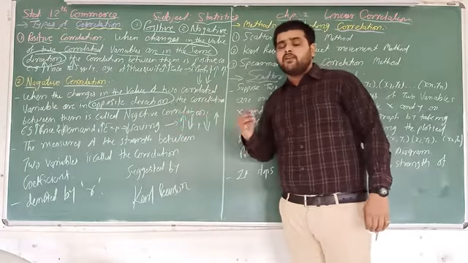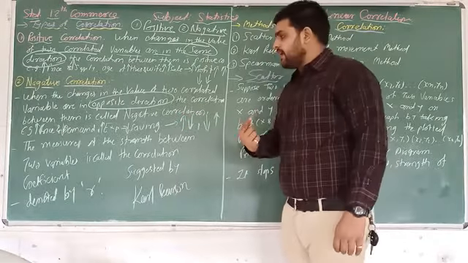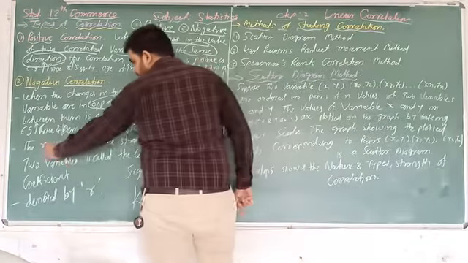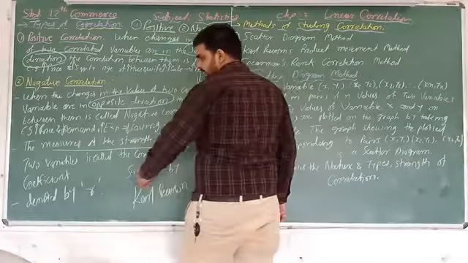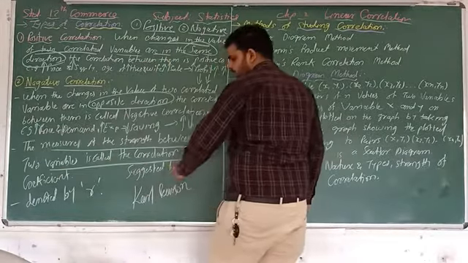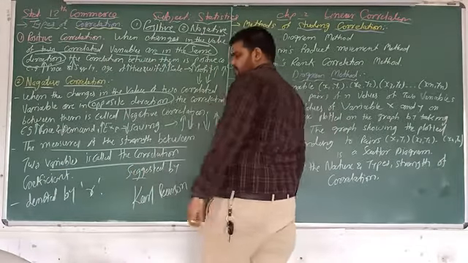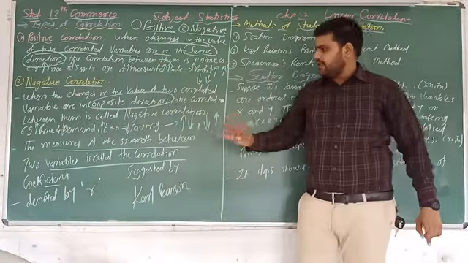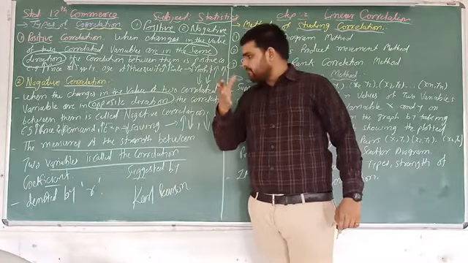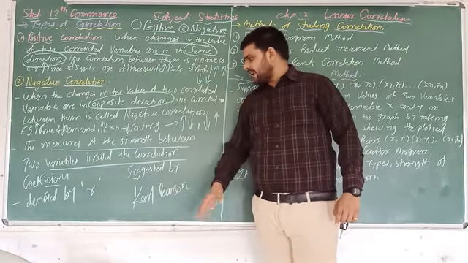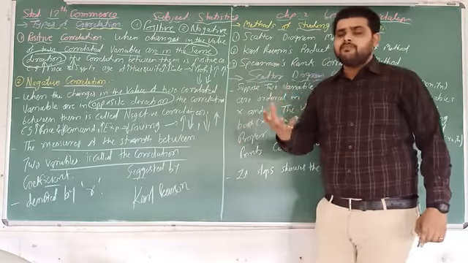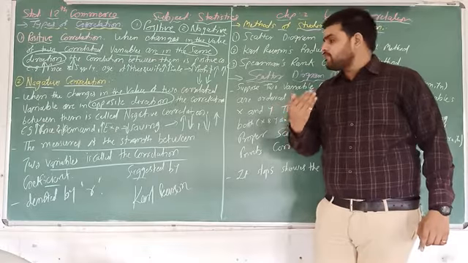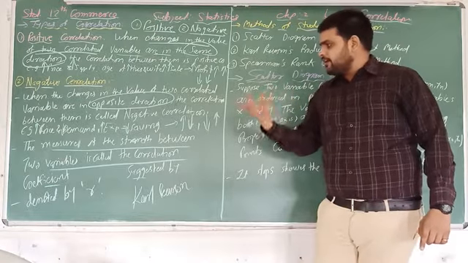Now, what do you mean by correlation coefficient? The measure of the strength between two variables is called the correlation coefficient. We have to check the strength between two variables.